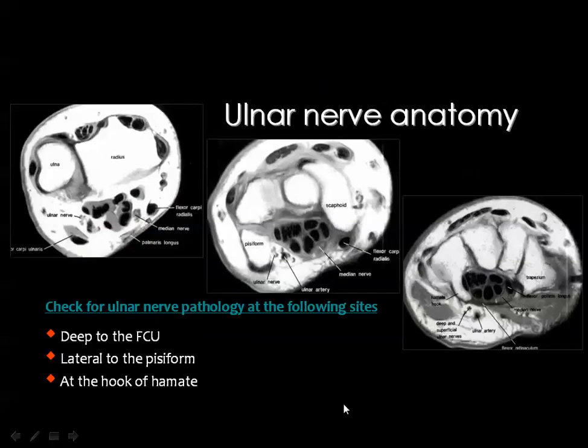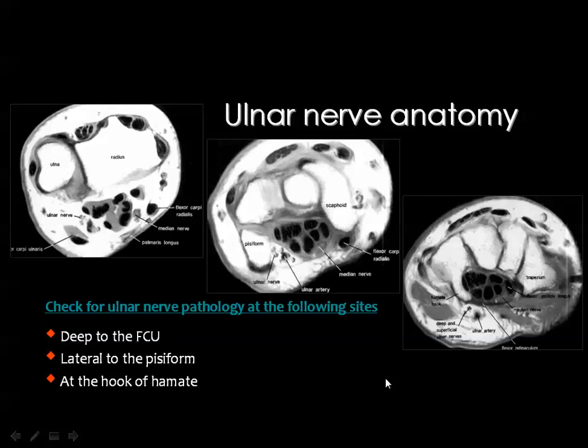Then, in order to look for the ulnar nerve, you can see it at 3 important points. Number 1, in this section, if you identify the flexor carpi ulnaris, deep to it you will see the ulnar nerve and artery.